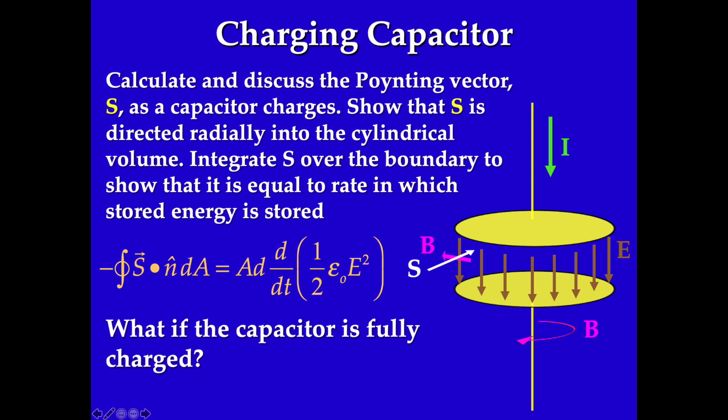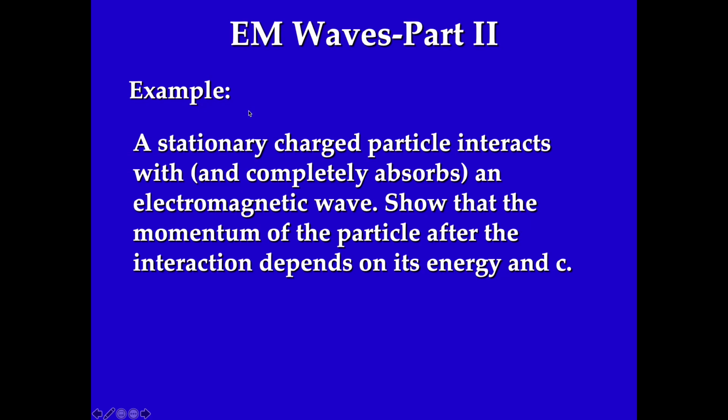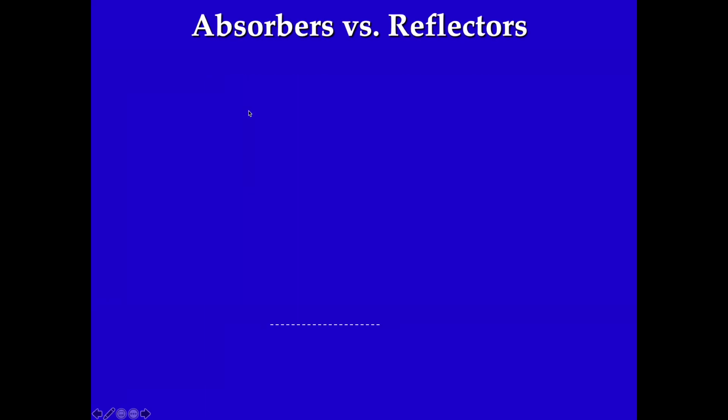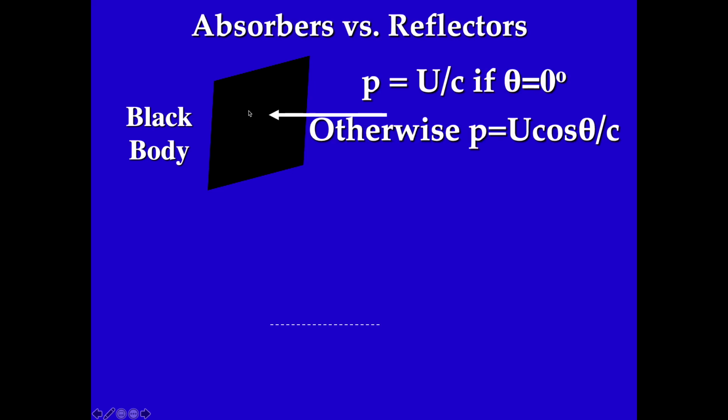So I'm going to just show you a couple more equations. I'll skip that. One can also show that the momentum of an electromagnetic wave is given by the energy over c.